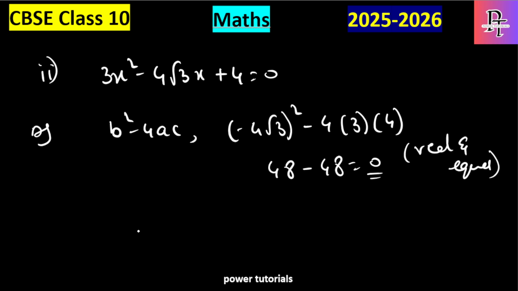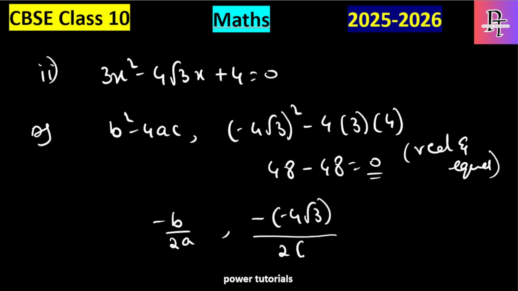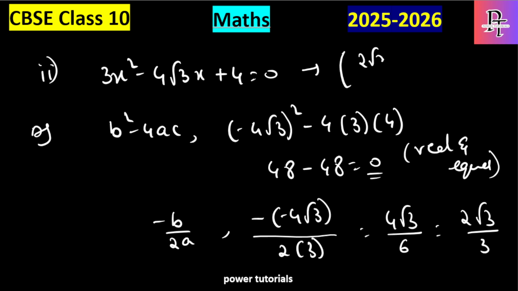So the direct answers, which are minus b by 2a, are the roots of this equation, which are minus of minus 4 root 3 by 2 into 3. So which will be 4 root 3 by 6. Or if I divide by 2, I'll get 2 root 3 by 3 is the root of the equation. So I can simply write two values, which are 2 root 3 by 3 comma 2 root 3 by 3.